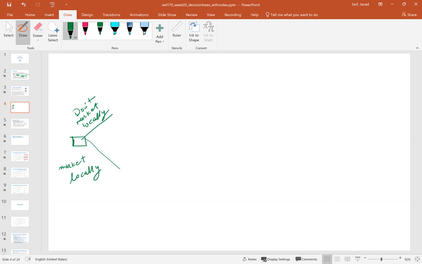I can choose that. And if I don't market it locally, then I have two options, alternative 2 and 3. One is market it straight nationally, or don't market it nationally.